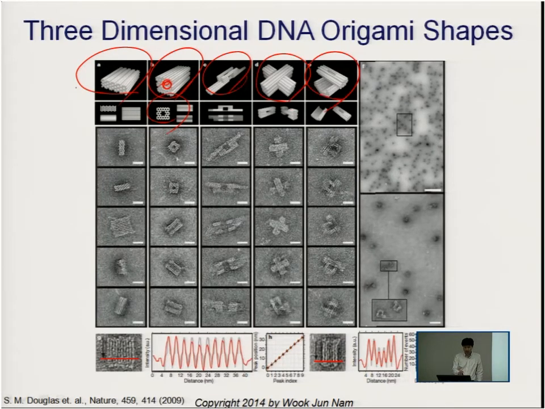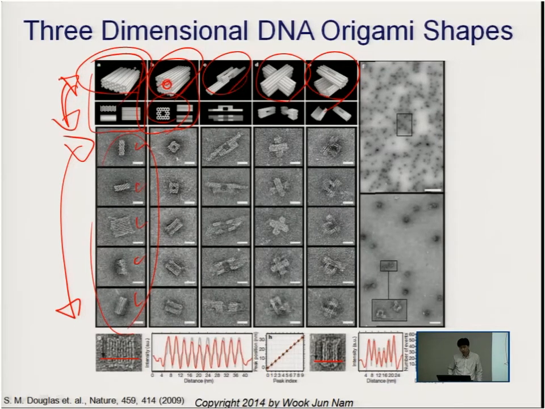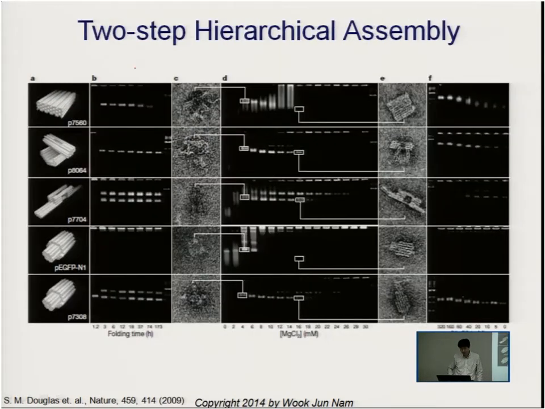This is the basic design to create these structures, and all these pictures are electron microscope images of the DNA made out of this design. As you can see, all these observation results show DNA can precisely make these three-dimensional structures by engineering those bases.